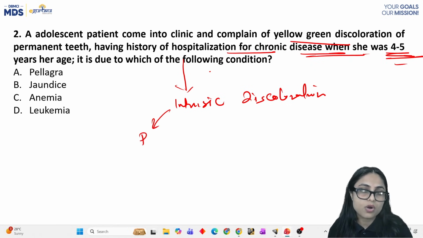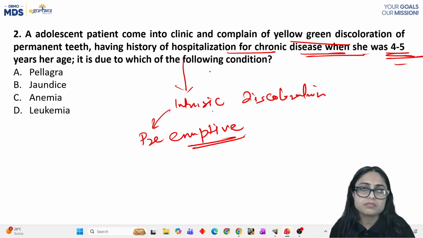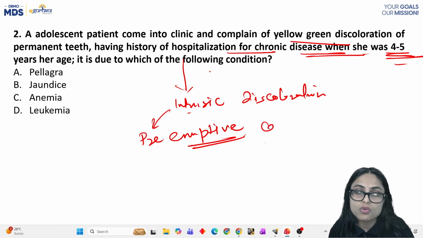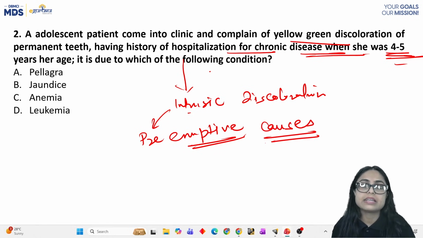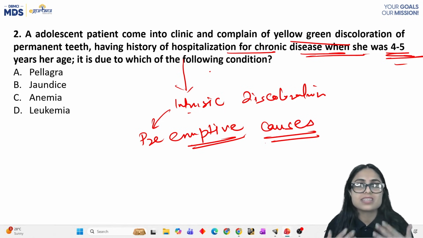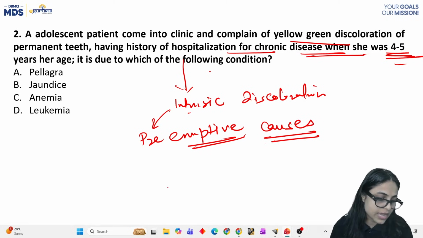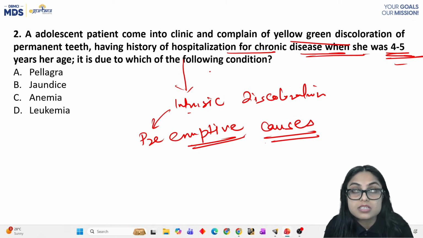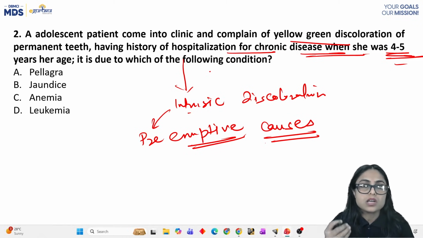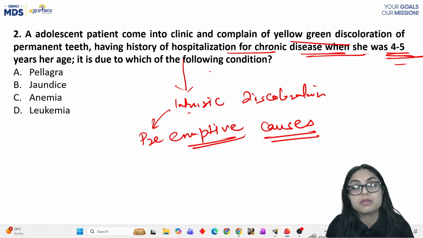So there is something called pre-eruptive causes for intrinsic discoloration. When all the teeth are in developing stage, that time if a child suffers from some chronic condition, such as diseases that have potential to cause neonatal bilirubinemia.